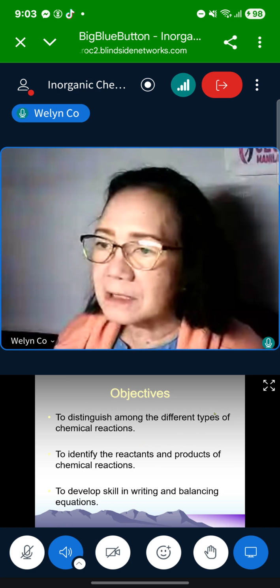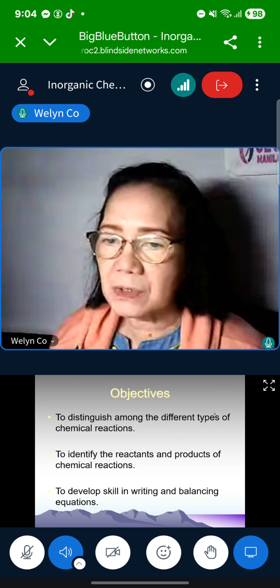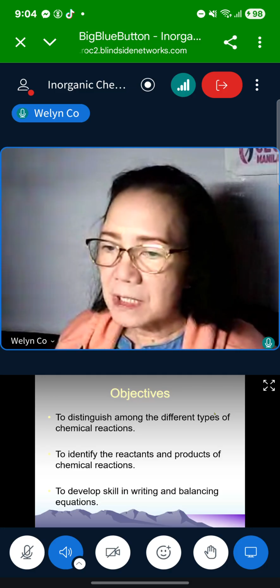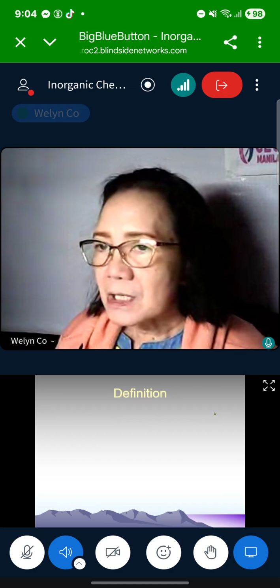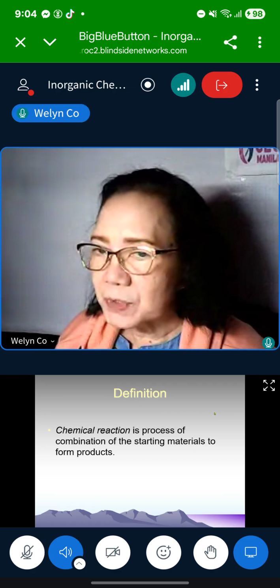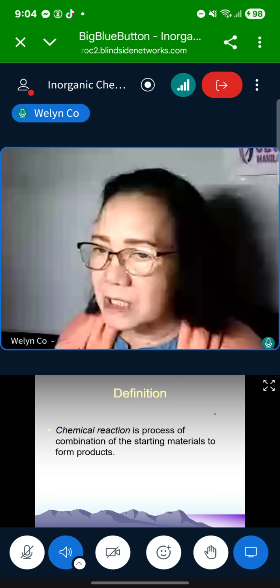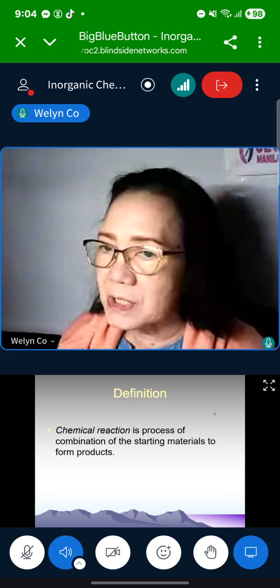Also to identify the reactants and products of chemical reactions and to develop skill in writing and balancing equations. Yun ang purpose. So we have here the definition of terms like that of chemical reaction is the process of combination of the starting materials to form products.